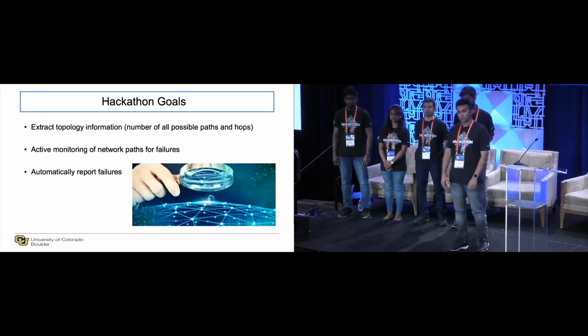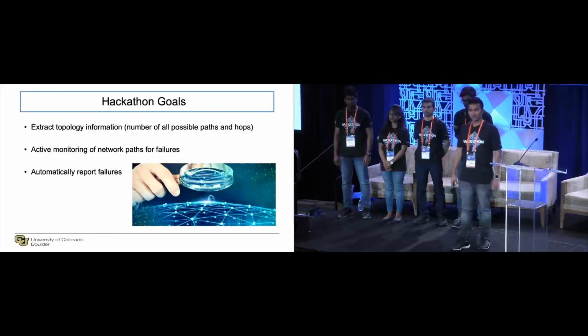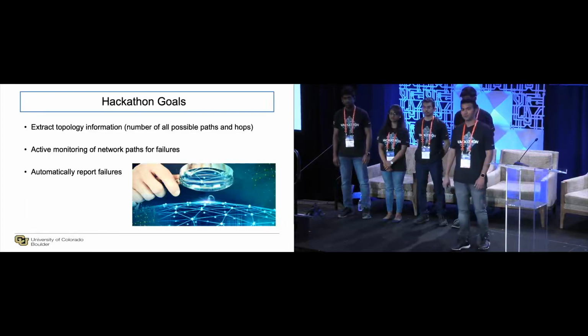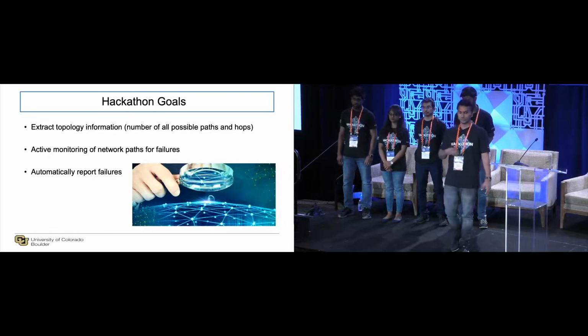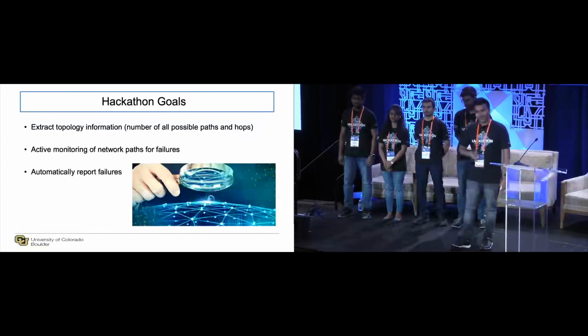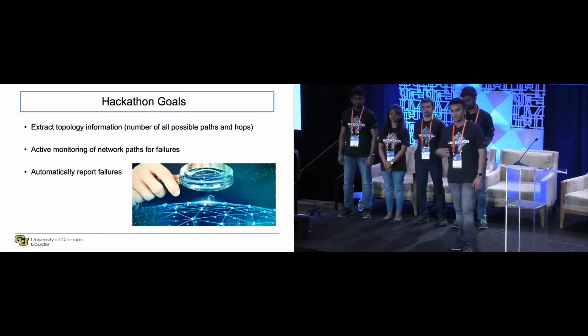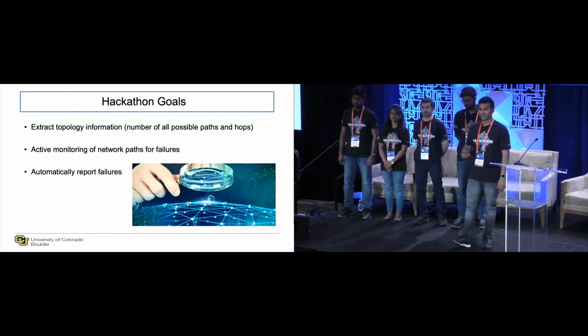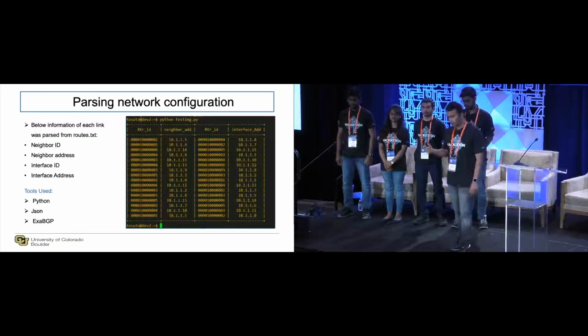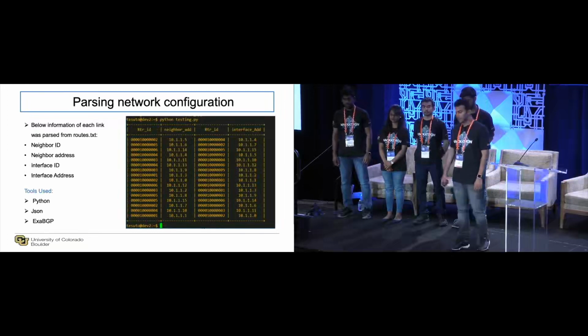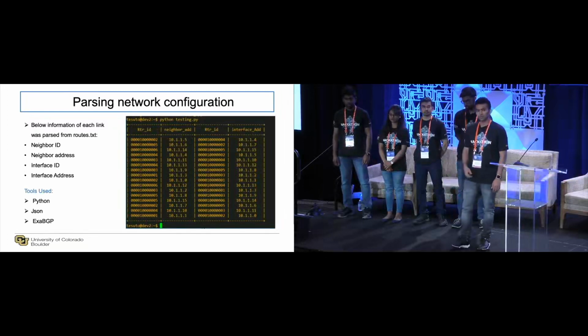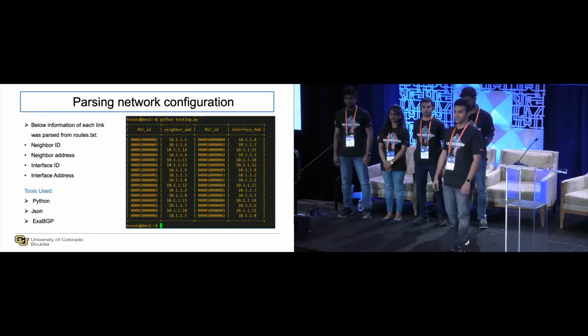The hackathon goal we moved forward with was to extract the topology information, like all possible paths, the number of hops, and the interface node information. We monitored that and detected failures. If failures were detected, we raised the necessary actions. We pulled this information from the network topology using BGP-LS.